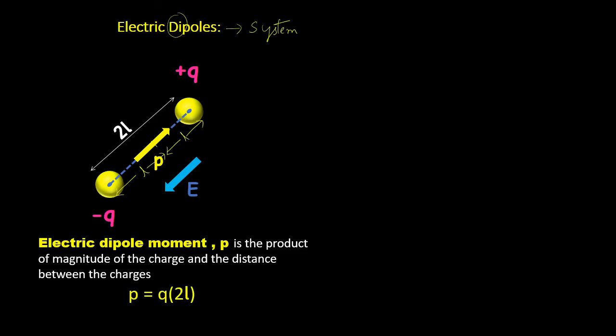Electric dipole moment is a property which characterizes the dipole, and to measure it, we take the product of the magnitude of the charge and the distance between the charges.